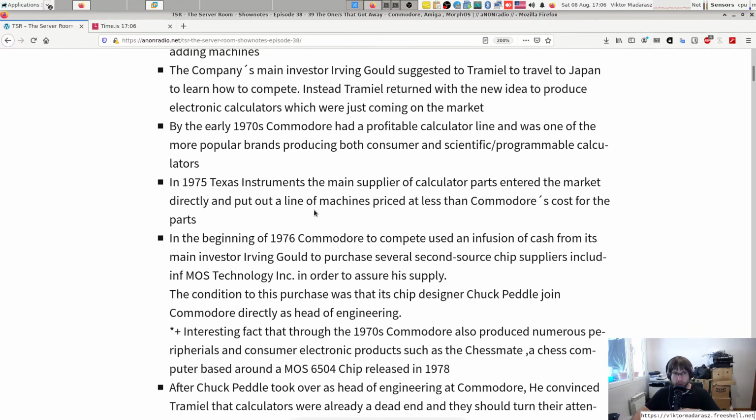So in 1975, Texas Instruments, who previously didn't bother putting calculators together themselves and were just a supplier of parts, suddenly got the bright idea: why be just a parts supplier when they could use their own parts and build their own calculators under their own brand, as it was definitely a profitable business at the time.